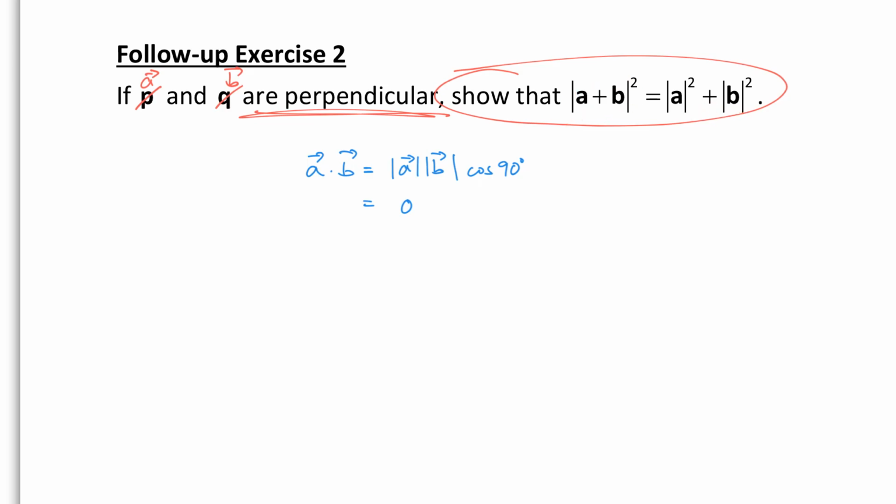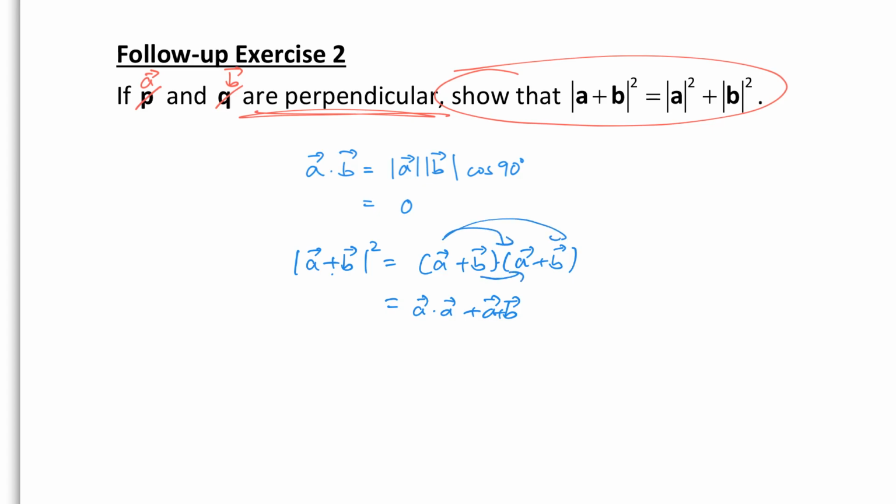But on your left hand side, magnitude A plus B all squared, we can change to A plus B dot A plus B. Simplify it: A dot A, and then A dot B plus B dot A, and then plus B dot B. Very good, because I know A dot B is equal to 0, and B dot A also is equal to 0, because they are perpendicular. Then done. Left hand side is equal to right hand side.